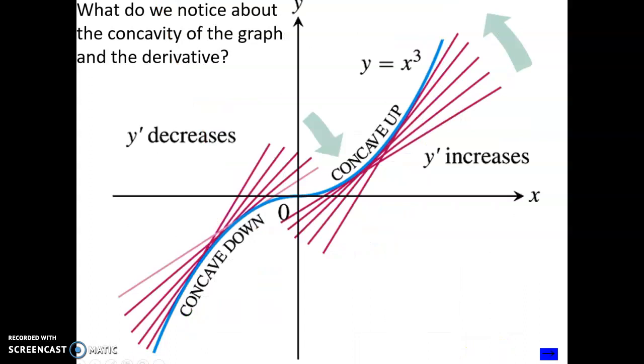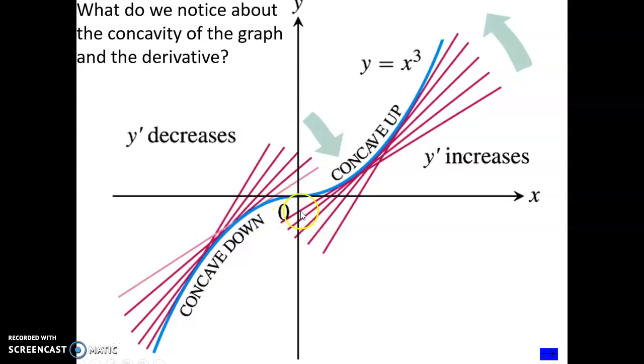We also notice something about concavity of the curves, the concavity of the graph and its derivative. When the original curve is concave down, notice the derivative curve is decreasing. Notice the tangent line: really positive, then less and less as we move our tangent line along a concave down area.